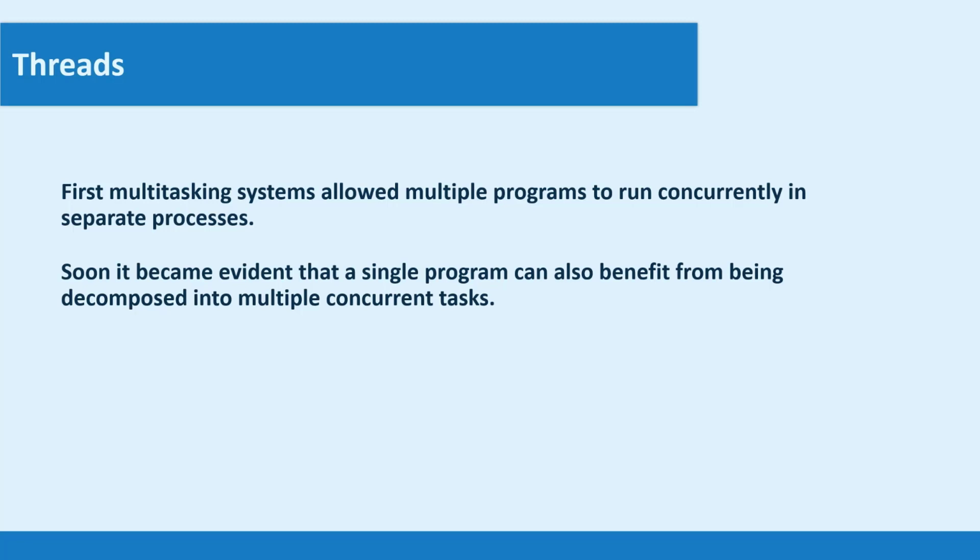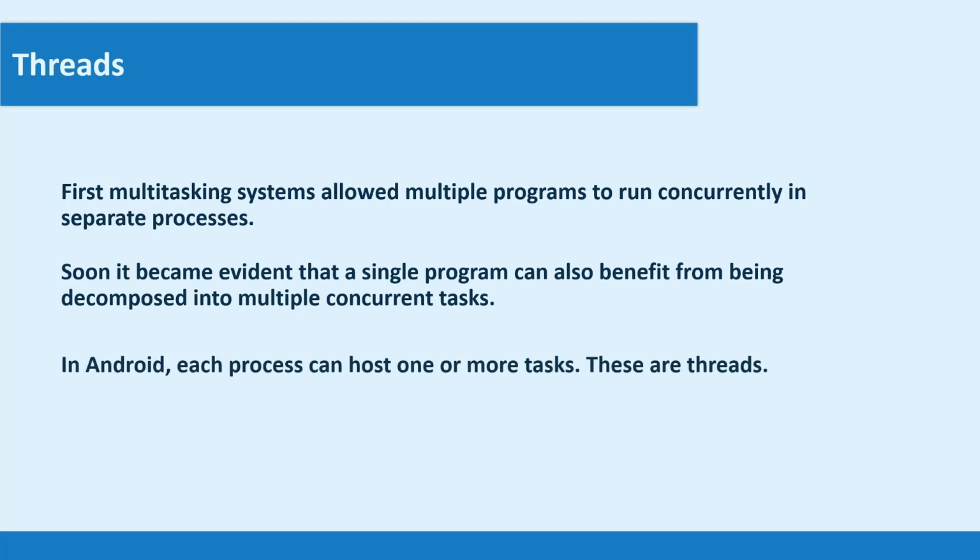So just like the CPU can run multiple standalone programs in different tasks, developers thought that it would be great to have several standalone tasks in a single program. And indeed, in Android, each process can host one or more tasks. And these tasks that are hosted in a single process are called threads.